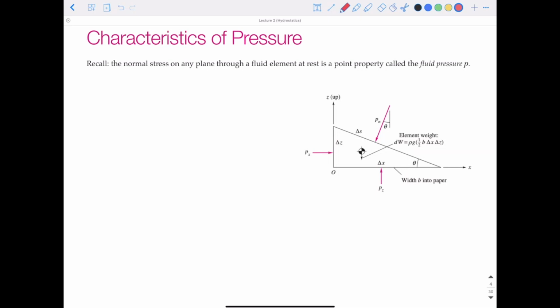Let's assume that positive Z is our up direction. So that would mean that our force or acceleration due to gravity is downwards.